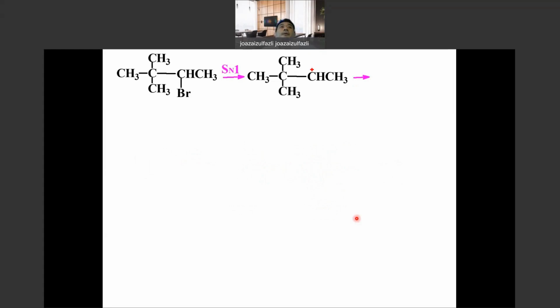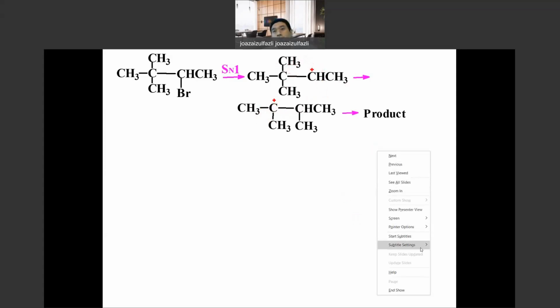It is another example. You can also form a carbocation from alkyl halides, not just from alcohol. This is secondary, and you can form tertiary using a methyl shift, migrating to these positions.